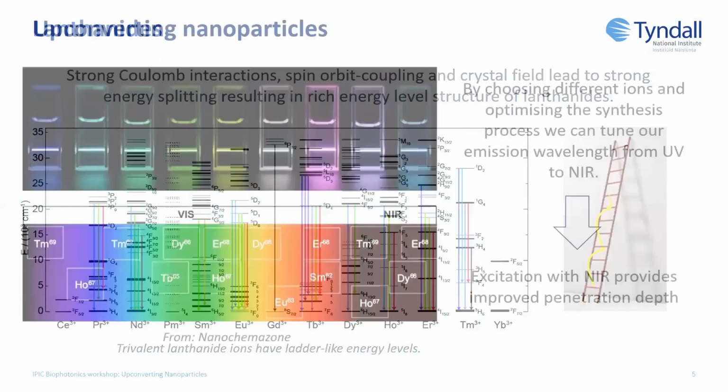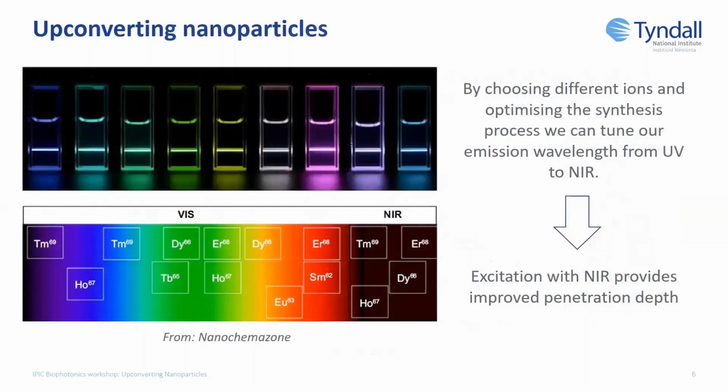So because those energy levels span such a wide energy range, we can actually tune the emission and the absorption of lanthanides to wavelengths that suit our application. So by choosing different ions, we can select the emission wavelength.